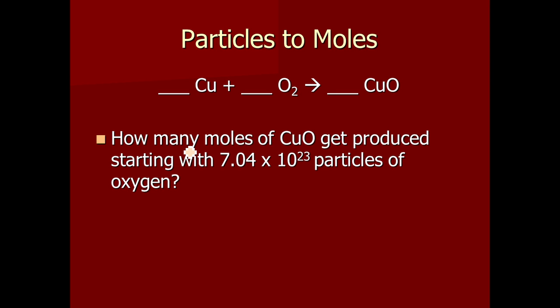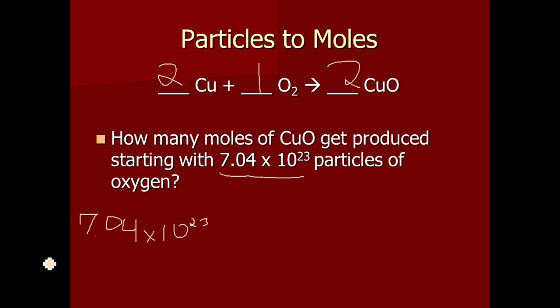How many moles of CuO get produced starting with this many particles of oxygen? Okay? Unfortunately, this one is imbalanced. I'm going to have to go 2, 1, 2, just like that. But it still should be an easy problem. We're going to go 7.04 times 10 to the 23rd O2.